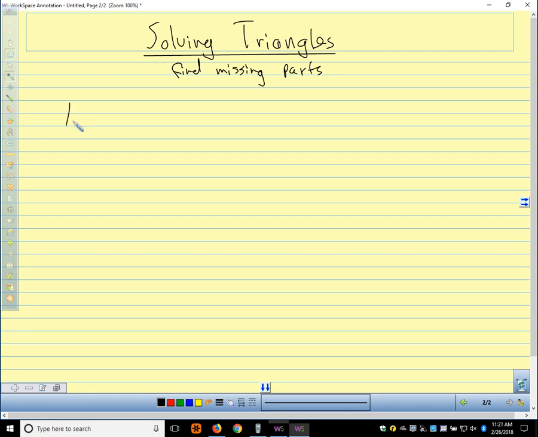We use law of sines for when we have two angles and one side.